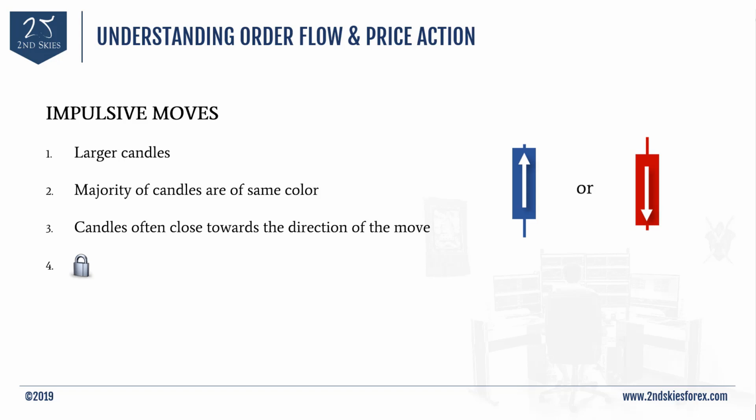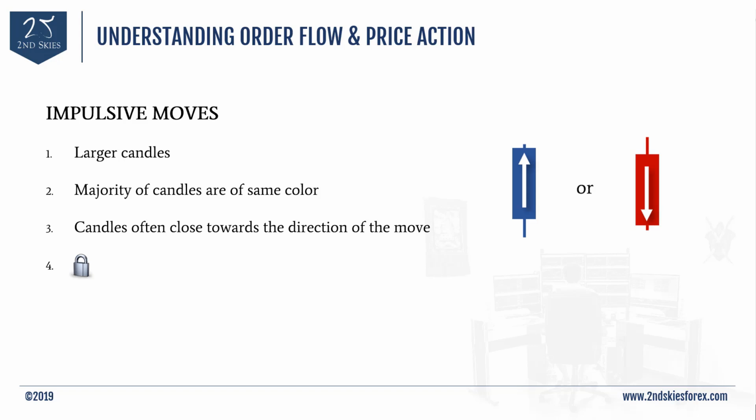The close of the candle indicates, if this is a daily candle, that the market really didn't push back from the highs of the day. So the market opened, went a little bit down, found buying pressure, reached a little bit higher, and then closed near the highs. Closing near the highs on a bullish candle, or near the lows on a bearish candle, indicates that the buying pressure really didn't let up a whole lot going into the close of that particular candle.